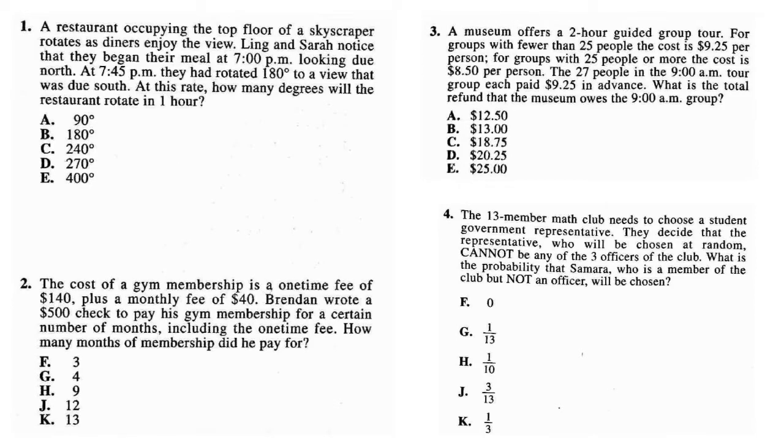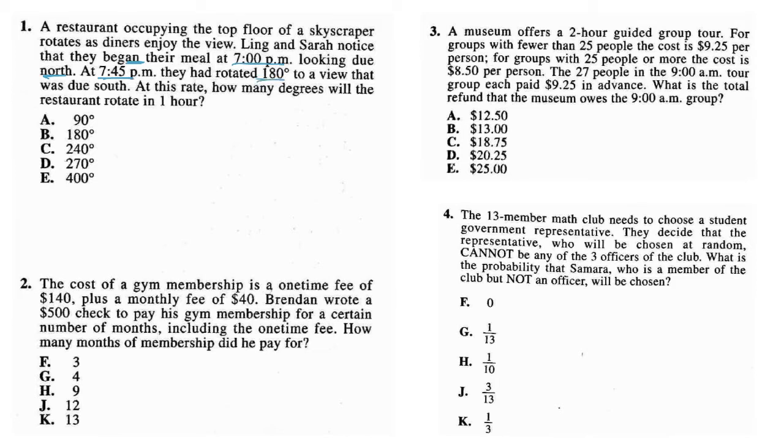Okay, in this first problem, they really are setting up a situation for proportions, and we can look at the problem just glancing through and notice that we have a beginning at 7 p.m. looking due north, and at 7:45 they had rotated 180 degrees.